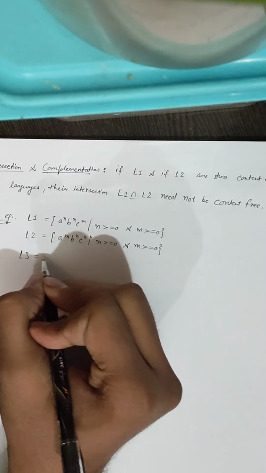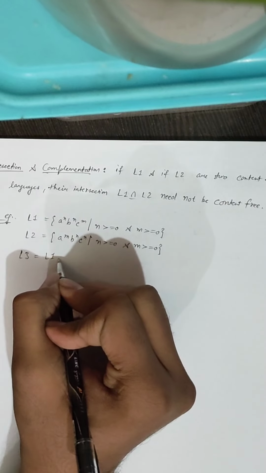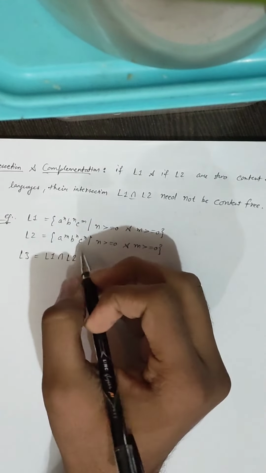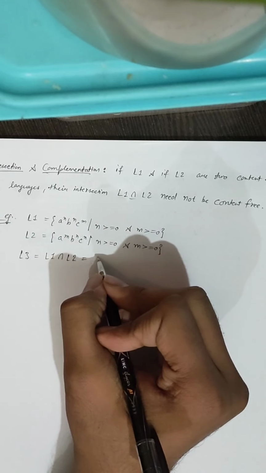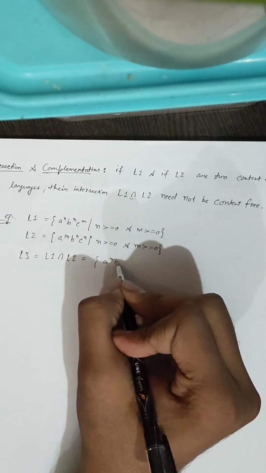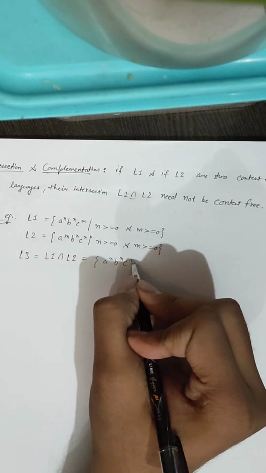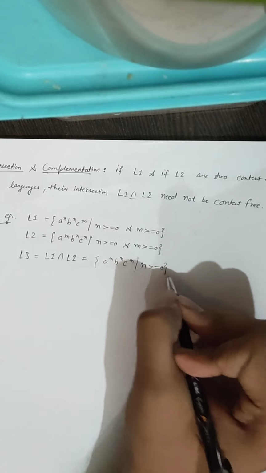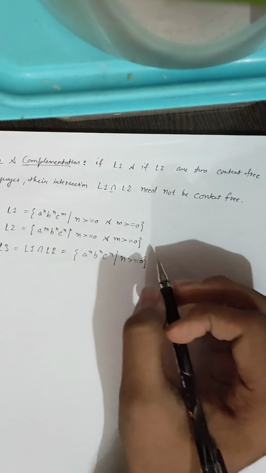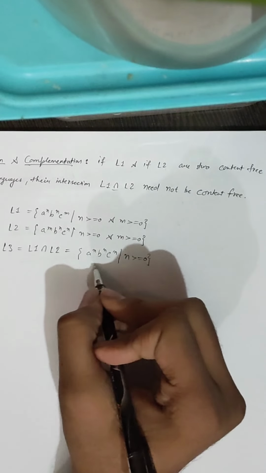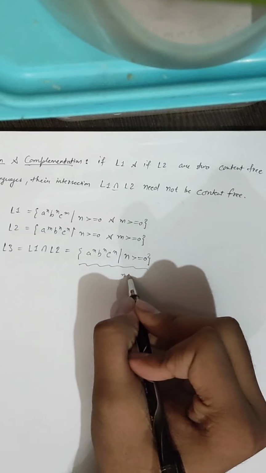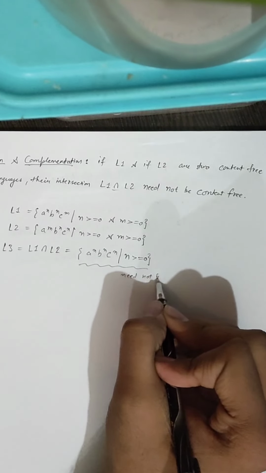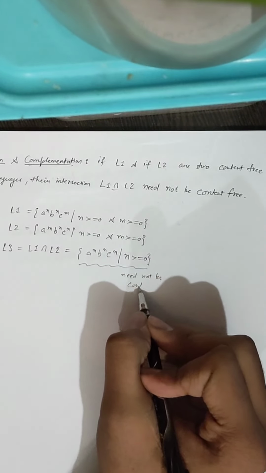Then we define L3 is equal to L1 intersection L2, which equals a^n b^n c^n, where n is greater than or equal to 0. This need not be context free.